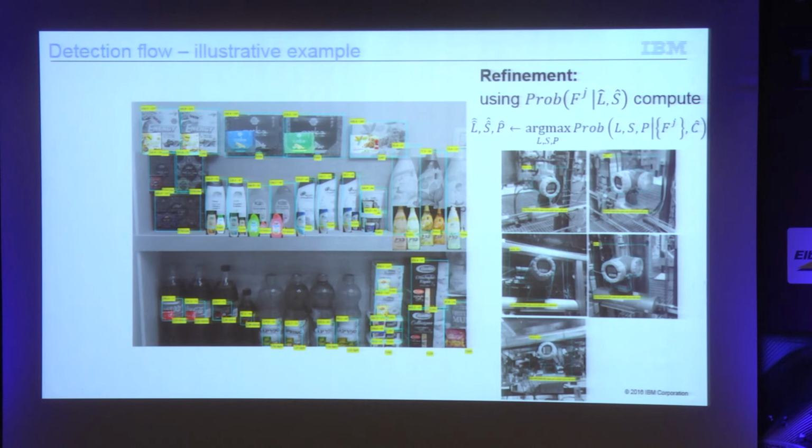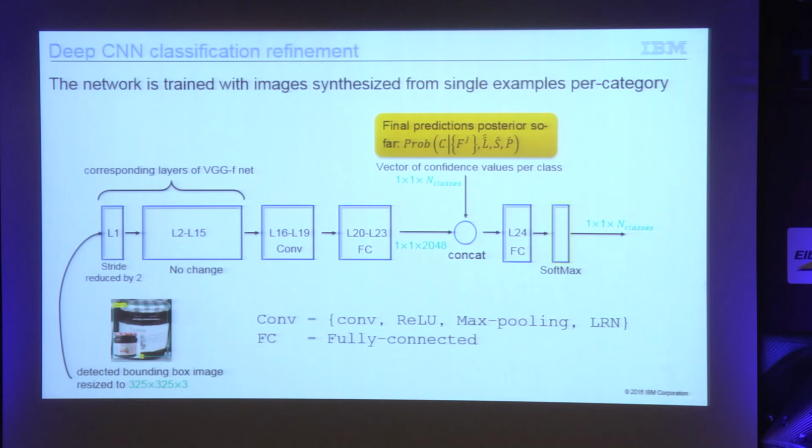But in some cases, we have some uncertainty in determining which is the right class between a group of similar products. So in order to alleviate this, we do an additional post-processing step of training a deep network that is trained end-to-end to get the crop of the object we detected, and the posterior of the possible classifications for this object, the full posterior, not the short list.